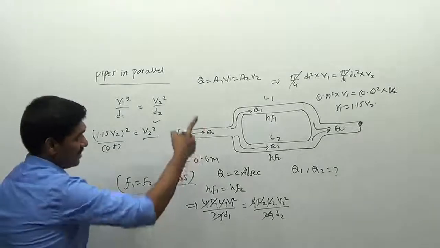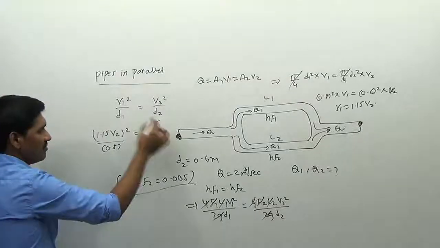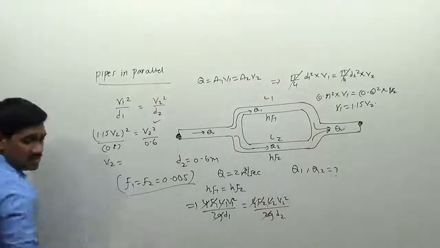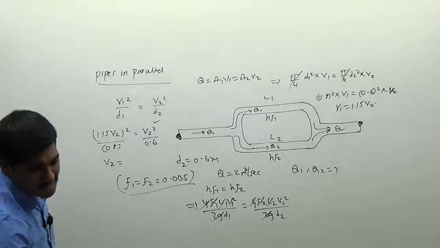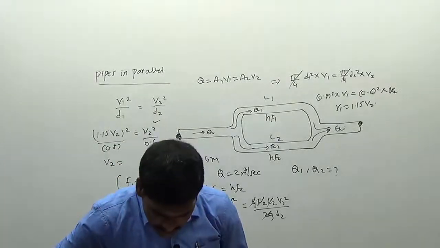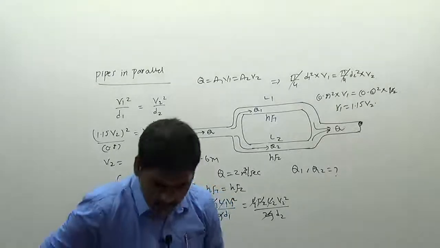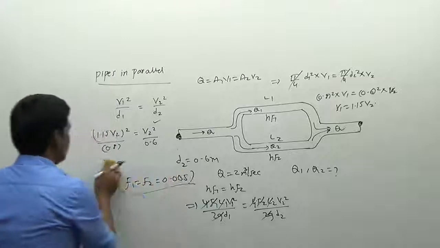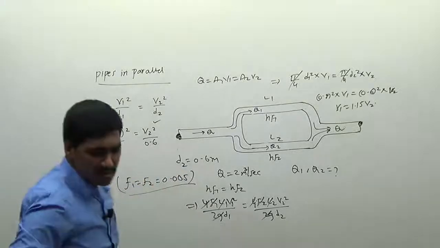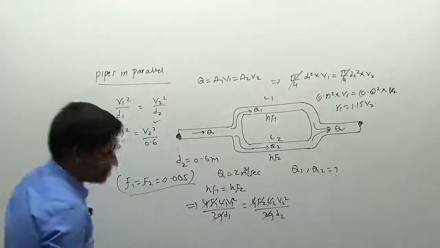D2 is equal to 0.6. So after doing all the calculations, the value of V2 is obtained. I don't have the value of V2 here, no problem. After getting all this relation, you will get the value of V2 here.